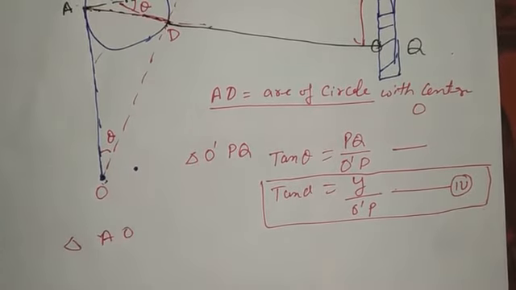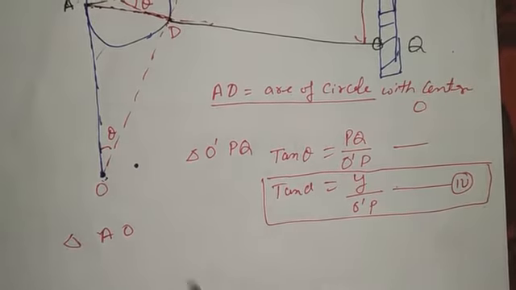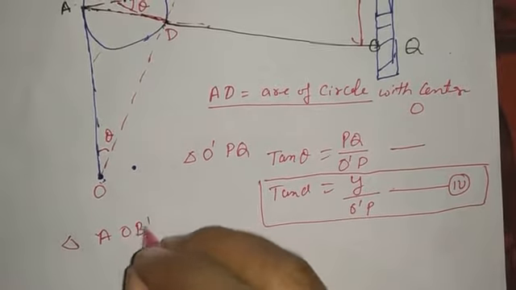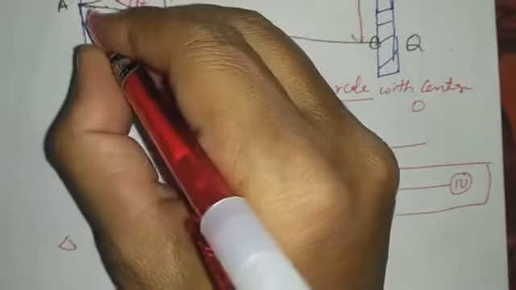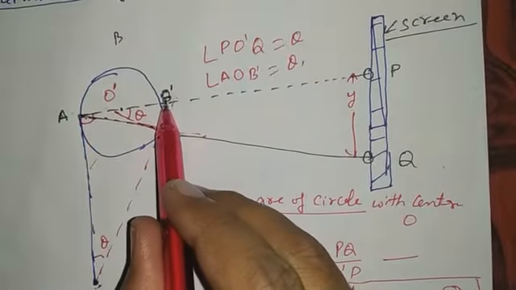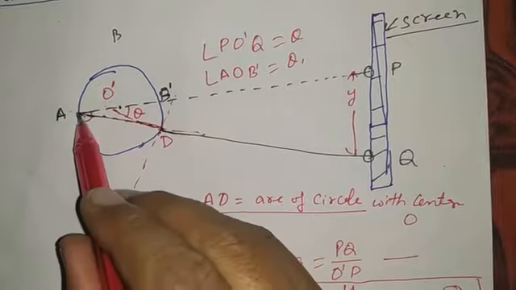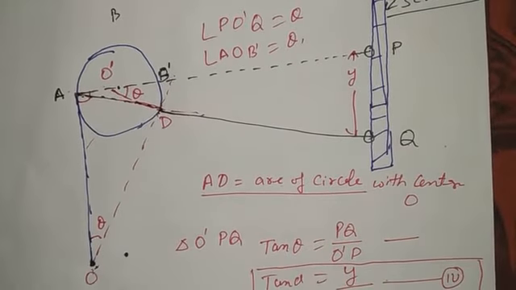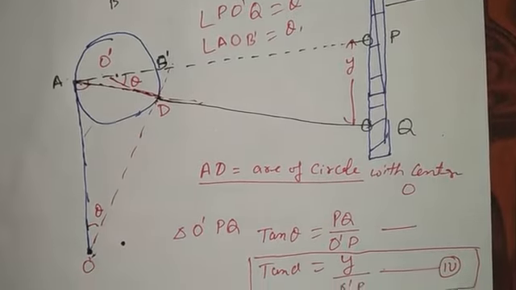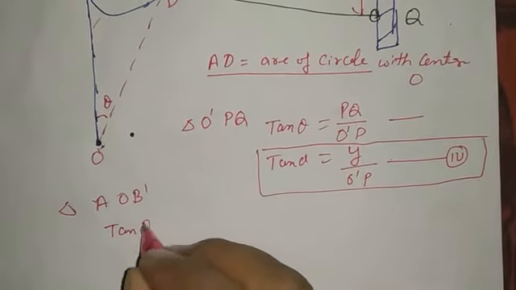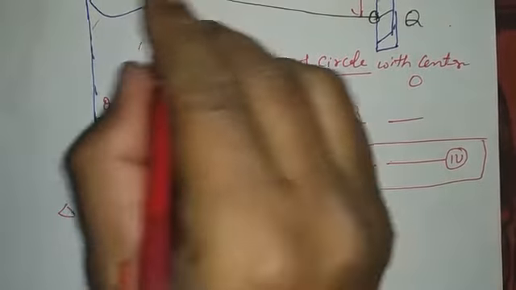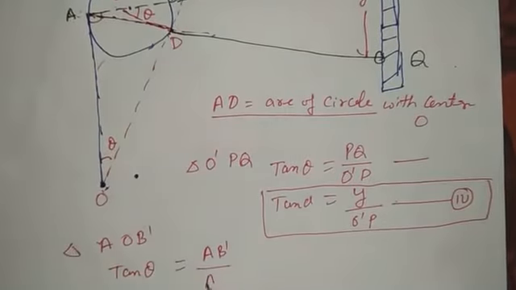Now see here in the triangle A O B dash. See, this is a triangle. It is a right angle here. Theta is this. So this becomes the perpendicular, and it is the base. So by this triangle, tan theta is equal to AB dash by AO.